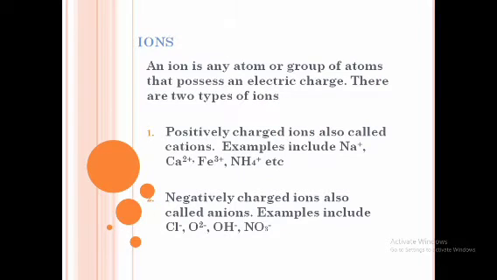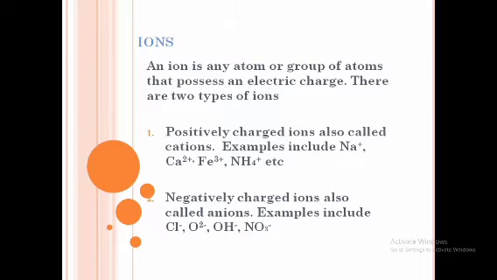Ions. An ion is any atom or group of atoms which possesses an electric charge. We have two types of ions. We have the positively charged ions, which are also known as cations. Examples of that are the sodium ion, calcium ion, iron ion, aluminium ion, and so on.